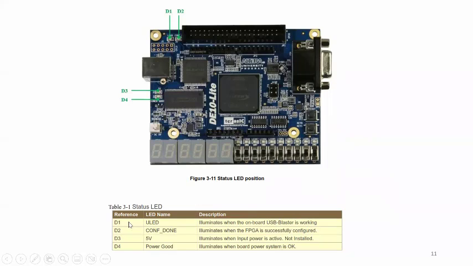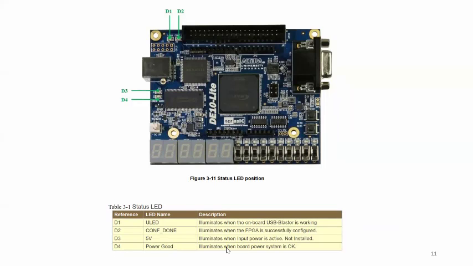I have here D3 and D4, D1, D2. Those are 4 LEDs. Those give you an indication about, for example, D3, when input power is active.